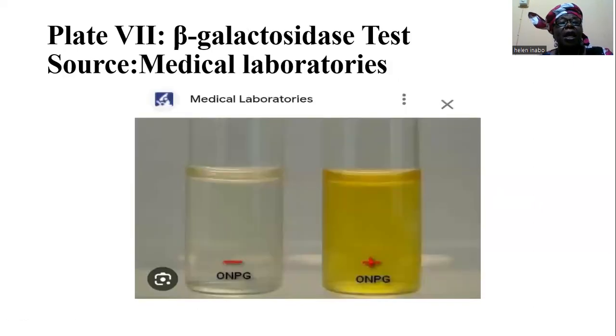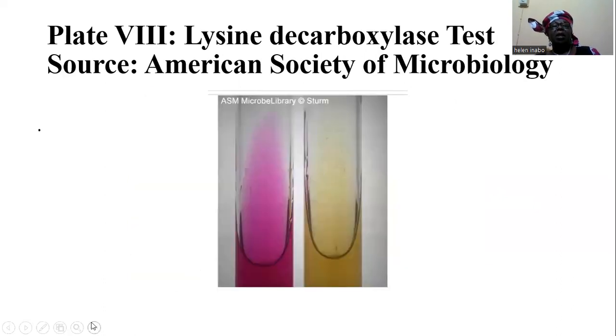Here is plate 7, which shows the beta-galactosidase test. Salmonella isolates are known to be negative. Here you have plate 8, which shows the lysine decarboxylase test. Now, Salmonella isolates are known to be positive.